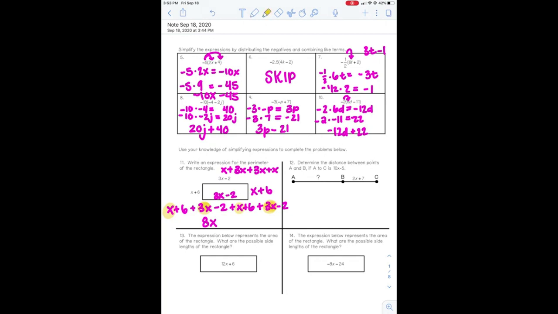Then I'm going to look at all my constants, because remember, those are like terms too. And I have 6 plus 6 minus 2 minus 2, which is going to give me a +8. And I'm going to get 8x plus 8 as my expression.